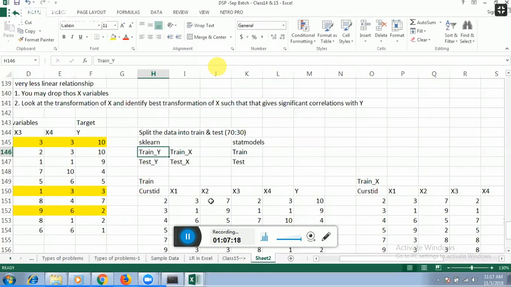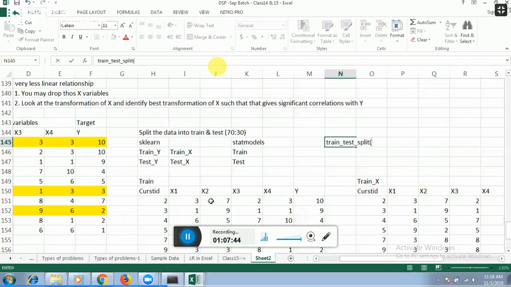Are you clear? So in both cases, if I want to split into four data sets, you can use train test split, the function available under the scikit-learn cross-validation module. And if you want to split the data, you will directly split the data set you have.